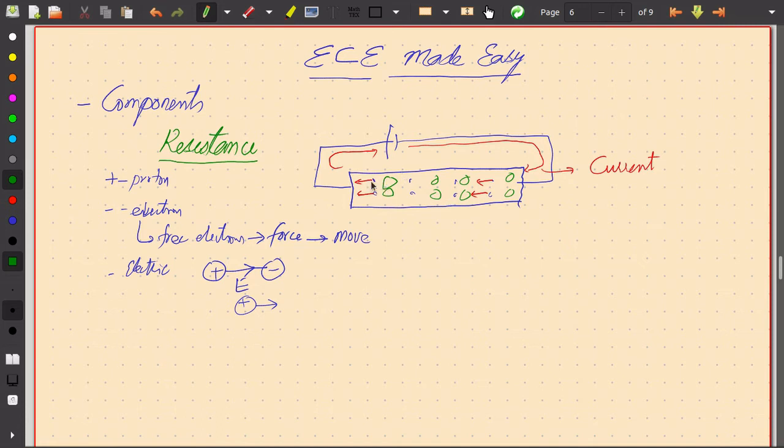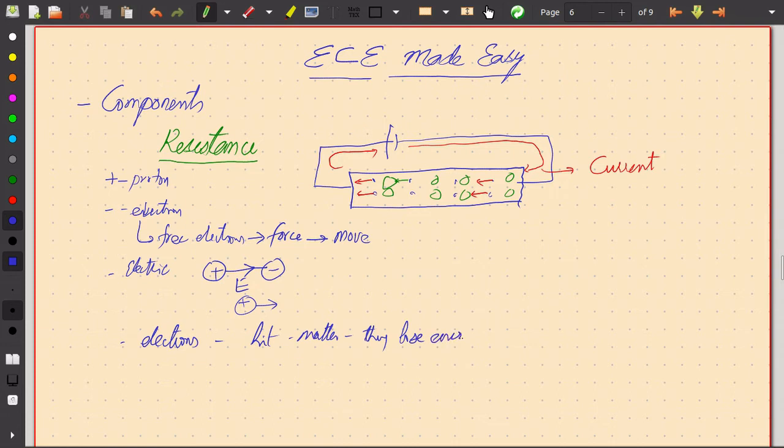And while these electrons are moving, they hit the ions, and when the electrons hit the ions or matter on the way, then they lose energy which they have gained because of the acceleration from this force which is created by the electric field.